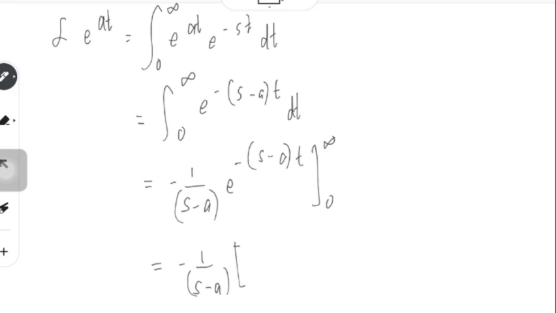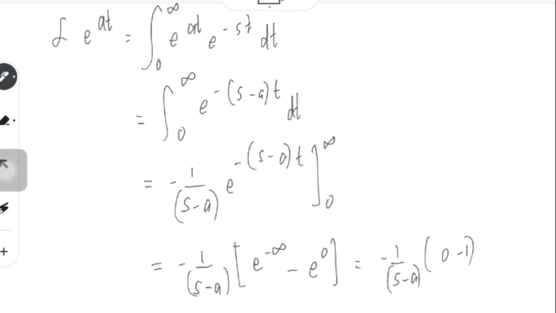Then you have here e to the negative infinity, then minus e to the 0. But take note that e to the negative infinity is 0 and e to the 0 is 1. So the result is negative 1 all over s minus a, then 0 minus 1.